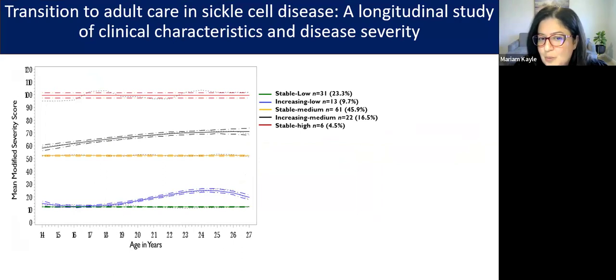So a huge limitation of this analysis was the small sample size. We tried to impose 10 years of data so that we have a stable trajectory, but in the end it cut our sample by two thirds. So instead of 330, we ended up with 113 patients whom we followed over this period of time. And that decreased the sample size.